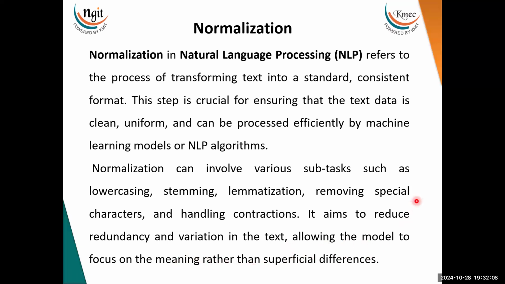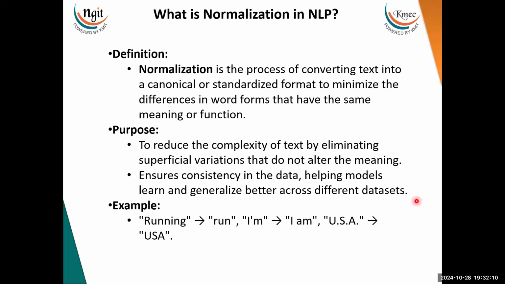superficial differences. So, definition. Normalization is the process of converting text into a canonical or standardized format to minimize the differences in word forms that have the same meaning or function.